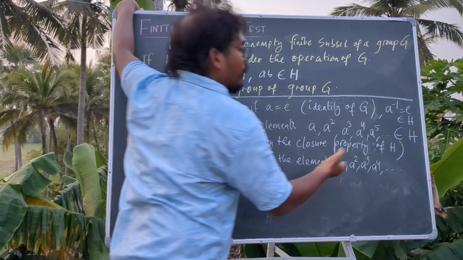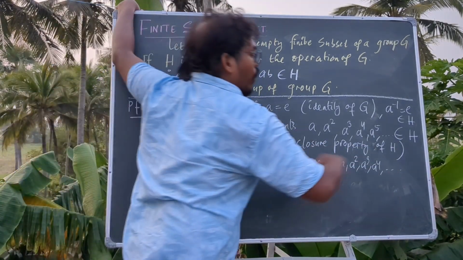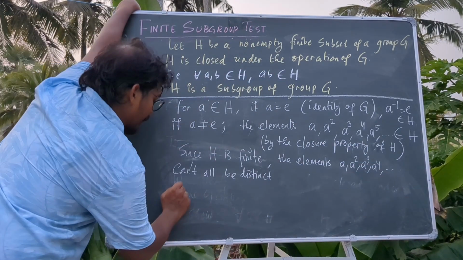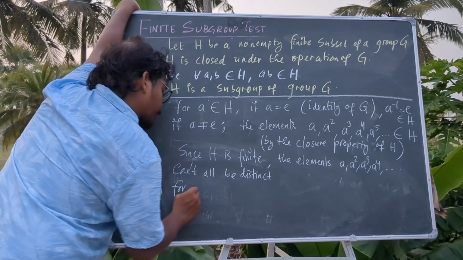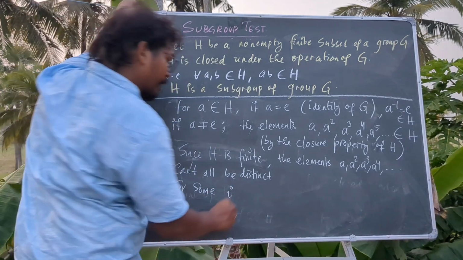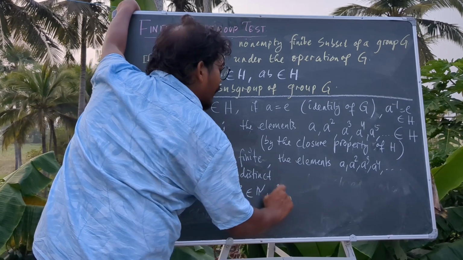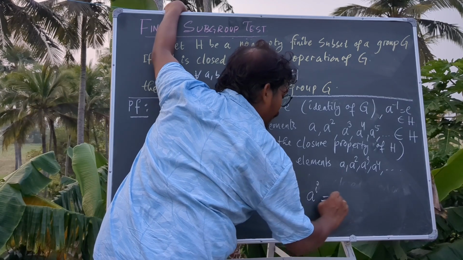So they must repeat themselves. So if they are not all distinct, then for some natural numbers i and j, with i not equal to j, we have a^i equals a^j.